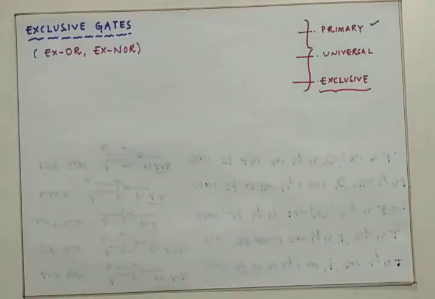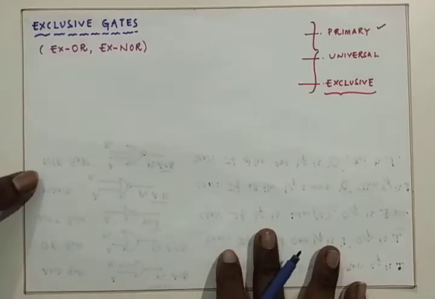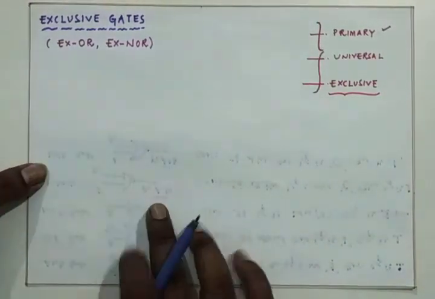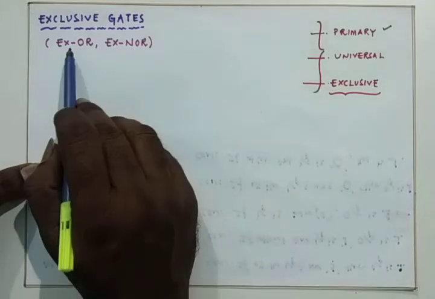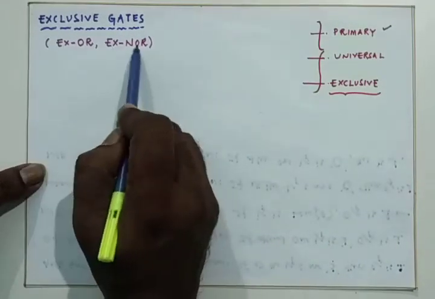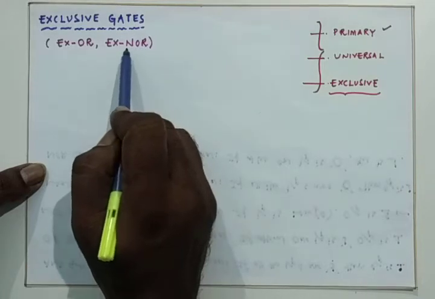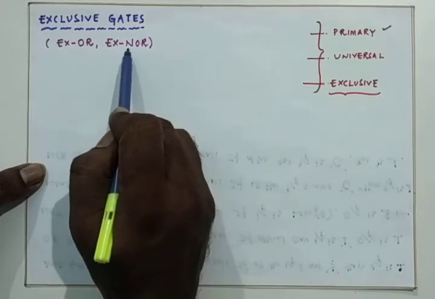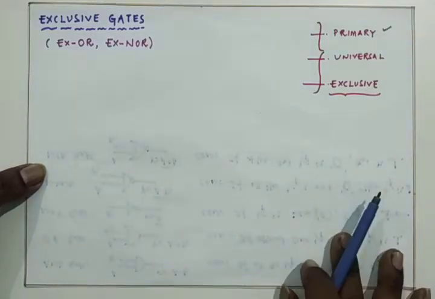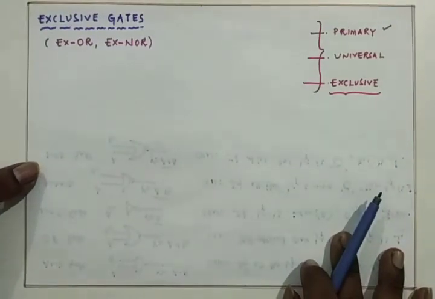I am going to explain the logic symbol and truth table of the XOR gate. After knowing the logic symbol and truth table of the XOR gate, it is very simple to go for the XNOR, because XNOR is nothing but the complement of XOR. After knowing the XOR output, we have to apply the NOT operation to that output, which is the inversion.